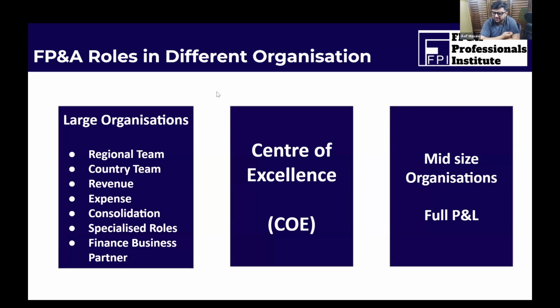The COE is a centralized finance center where all the processes will be centralized. All these teams that you see on the left for large organizations, if they have a COE, all the regional teams and country teams will be in the center of excellence. There might be a few people onshore, or what some call the business side, or on-site.